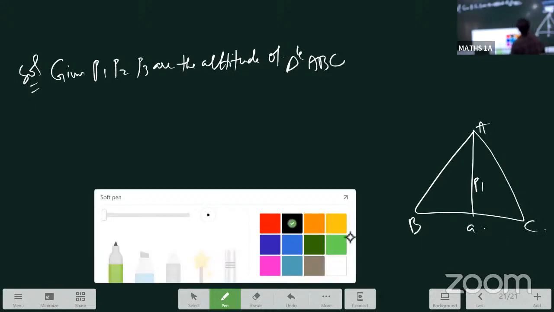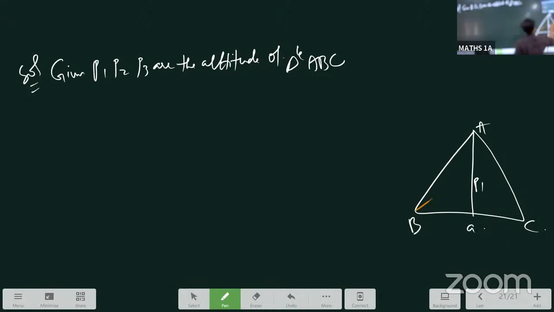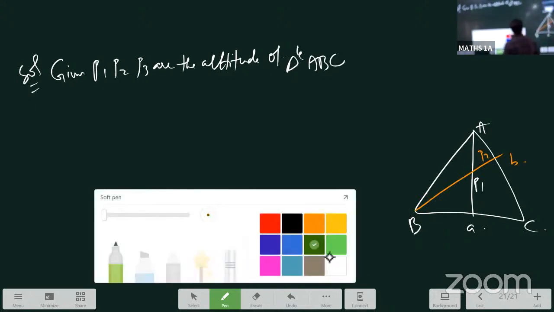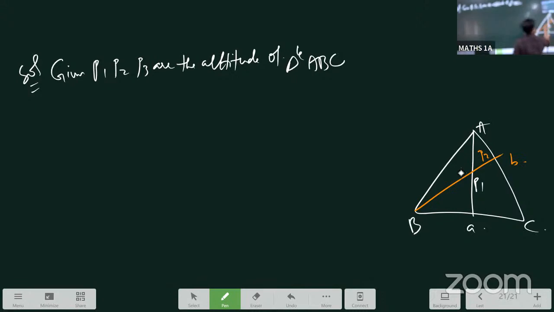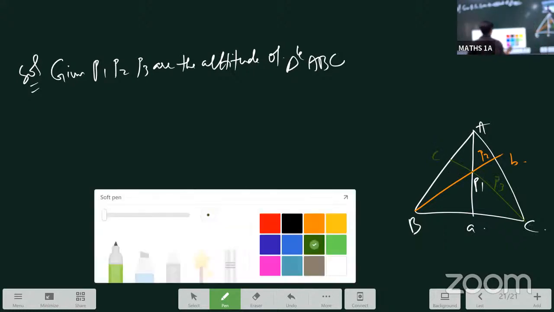This is your altitude p2 with opposite base b, and this is your altitude p3 with opposite base c.